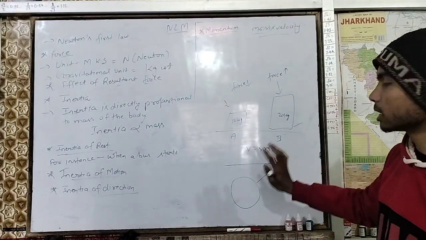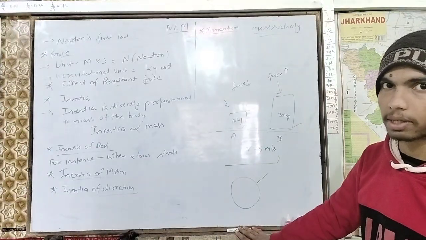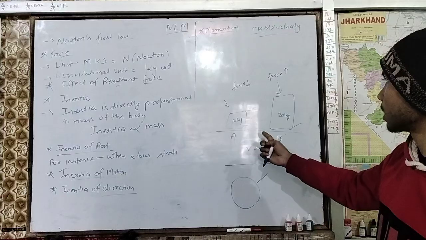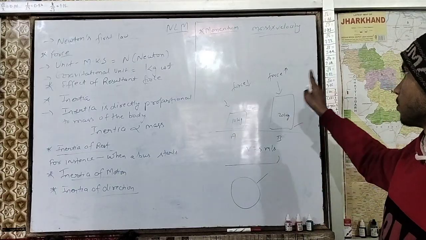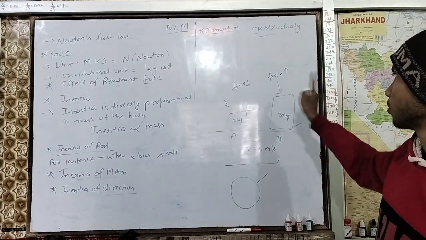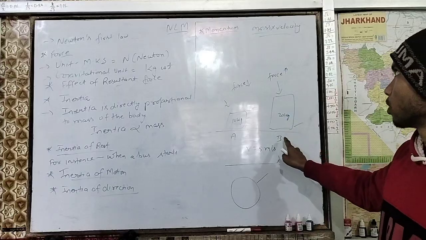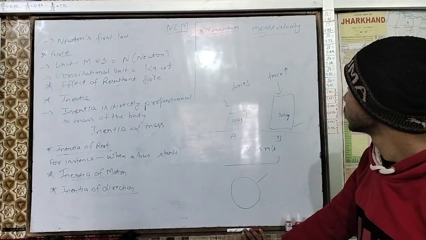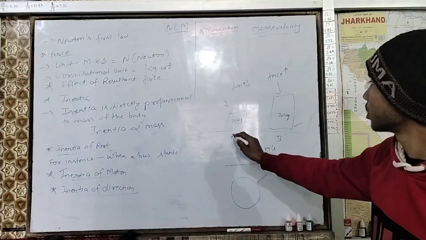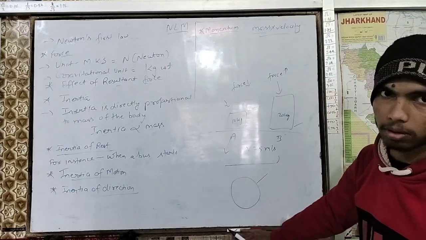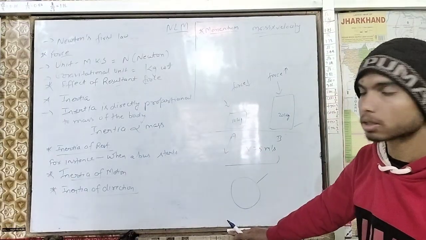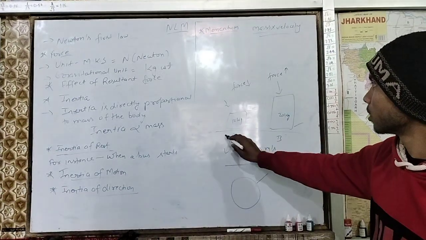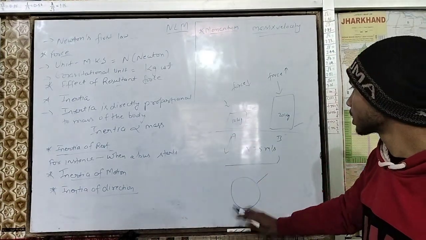Another reason is that velocity is the same for both, but mass is different. In that case, the A object will be moving more, covering more distance, but the B object will be covering less distance. So we found less distance and more distance because we took the mass of the object and then the velocity.